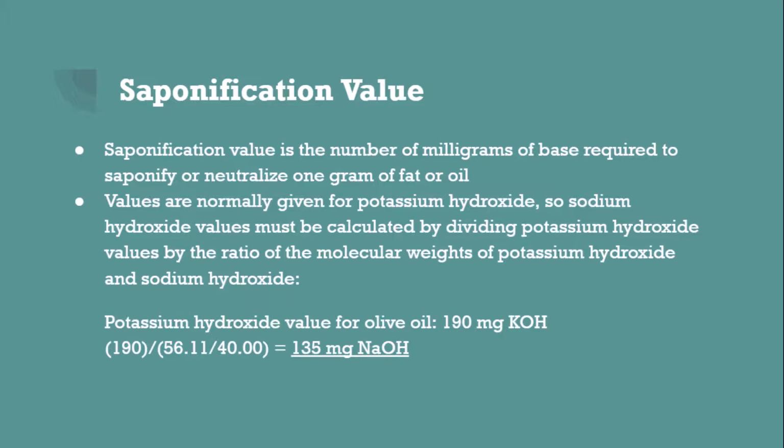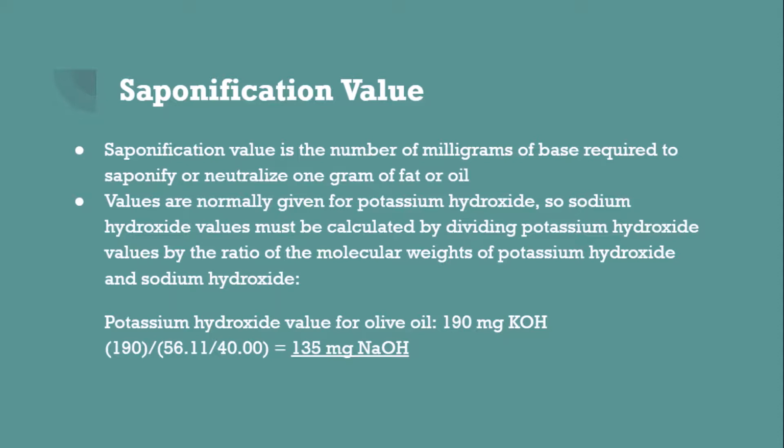In this case, I used olive oil, which has the potassium hydroxide average saponification value of 190 milligrams per gram of olive oil. So the sodium hydroxide saponification value is 190 divided by 1.403, which is 135 milligrams.